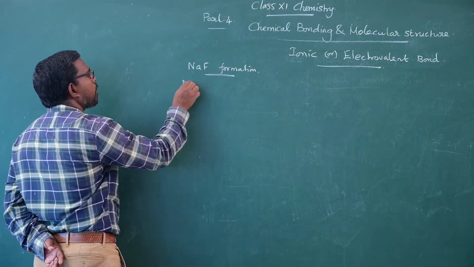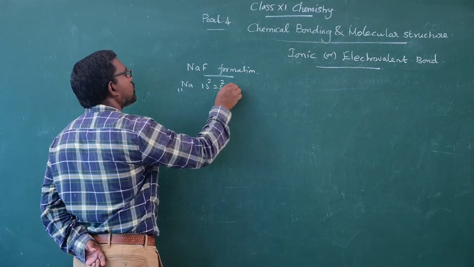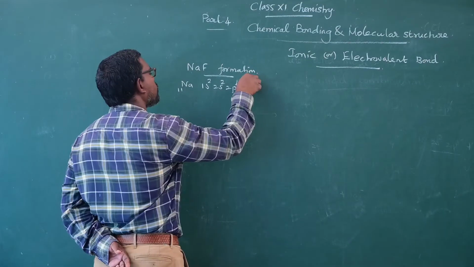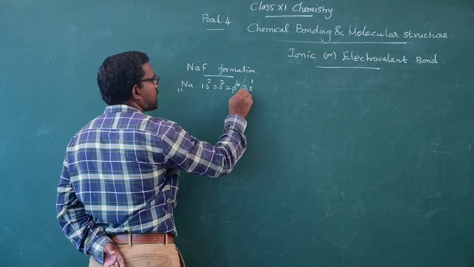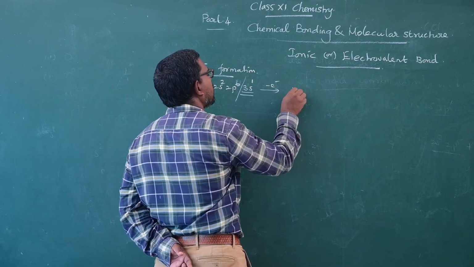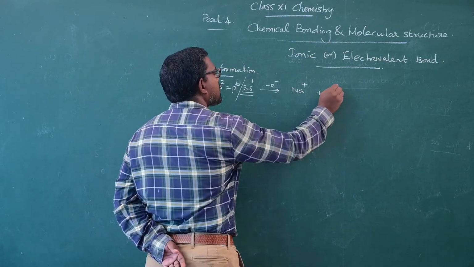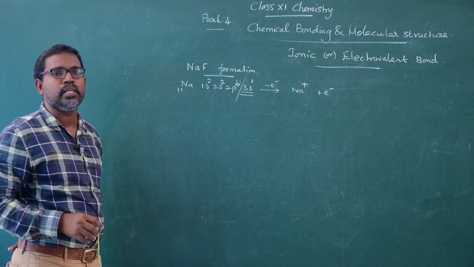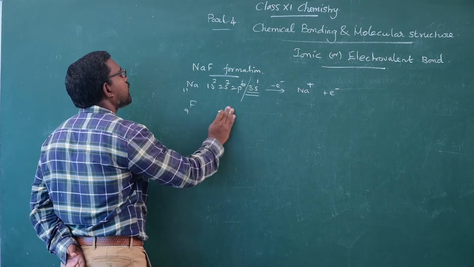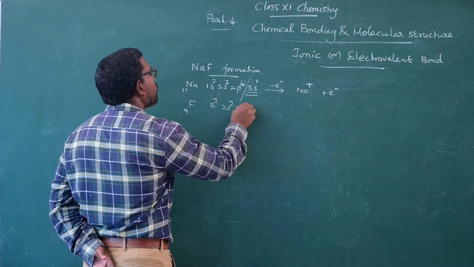Sodium, atomic number 11, electronic configuration 1s2, 2s2, 2p6, 3s1. So, one electron is present in the valence shell. Suppose it loses one electron from the valence shell, it attains the Na+ ion with the stable inert gas configuration. Fluorine, atomic number 9, electronic configuration 1s2, 2s2, 2p5.